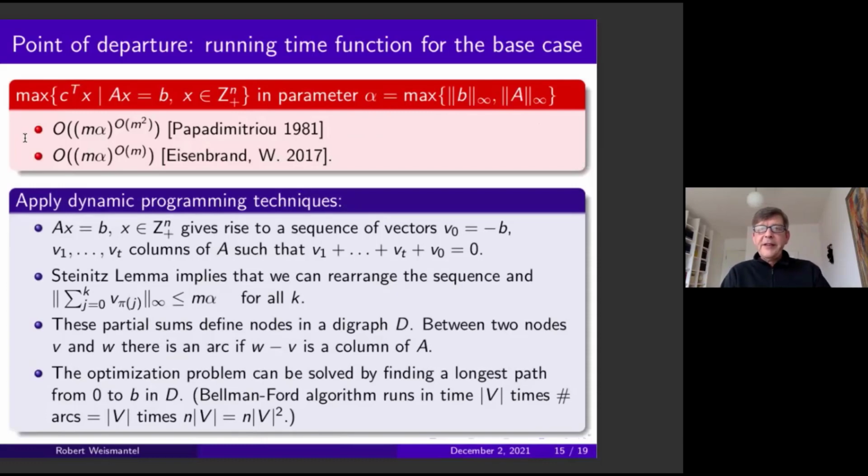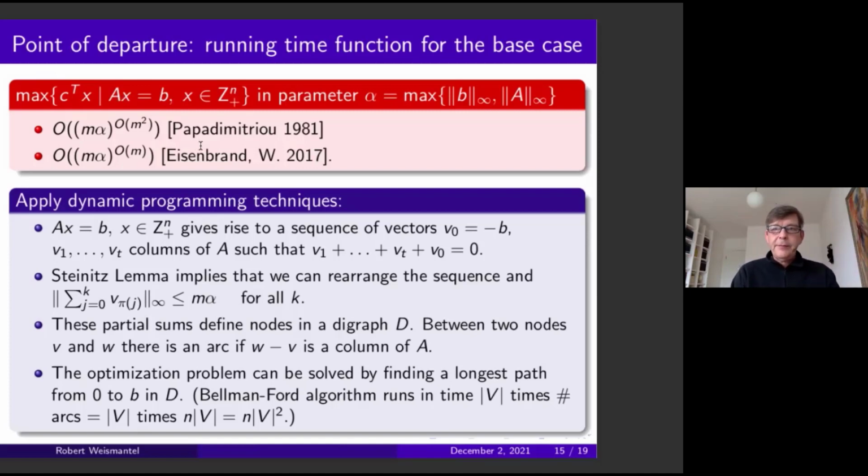A lot of these things are quite technical when it comes to this n-fold and two-stage stochastic IPs. But I think the key idea is really the base case. The base case is where you have no blocks, you only have these upper linking constraints, and here I call them again A. And in fact, the key is that you use this Steinitz lemma.